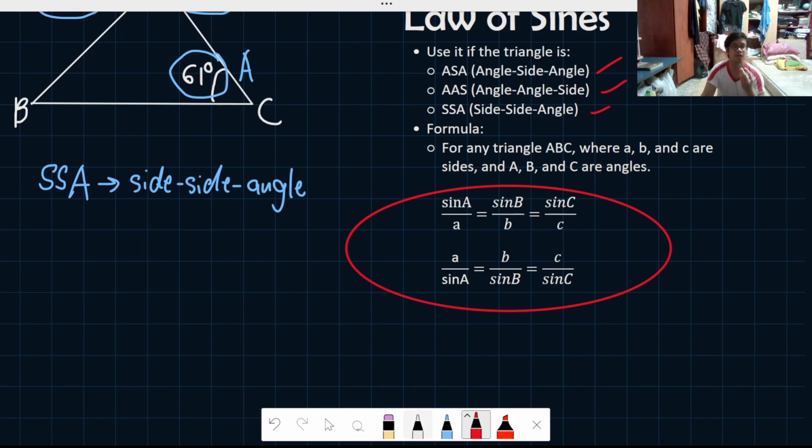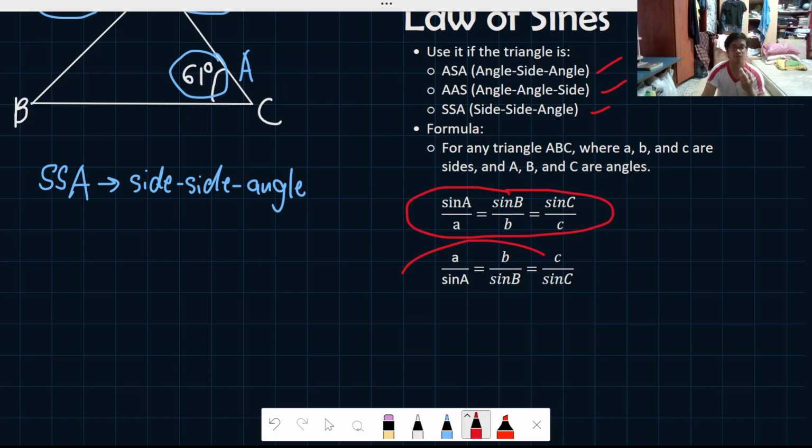It's up to you if you want to use this formula or that formula. All that matters is that you know how to find the missing sides or missing angles with the formula that you will use.